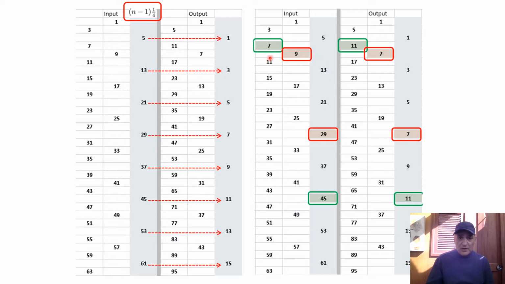And then I've shown 7 and 11 and 45 and 11. So you'll notice that there is one number represented in the first two columns and one that's represented in the third column. There's always one in the third column. There's always one of this type, m minus 1 times 4 divided by 4.